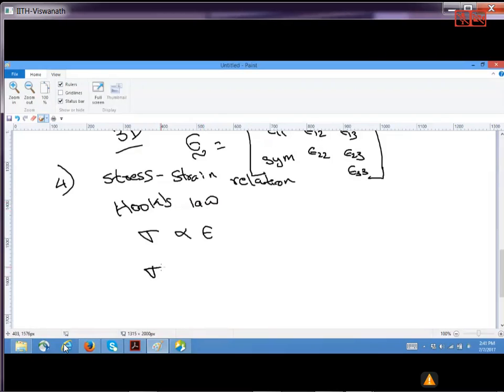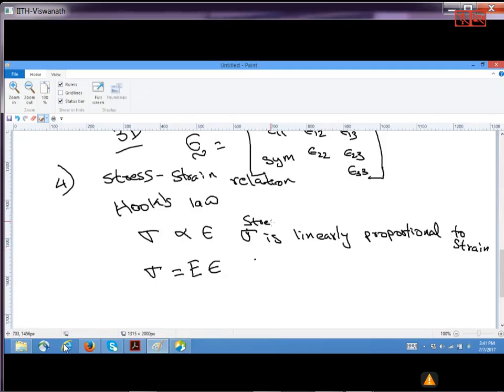If you remove the proportionality by introducing a proportionality constant, sigma is linearly proportional to strain. This is for the 1D case.